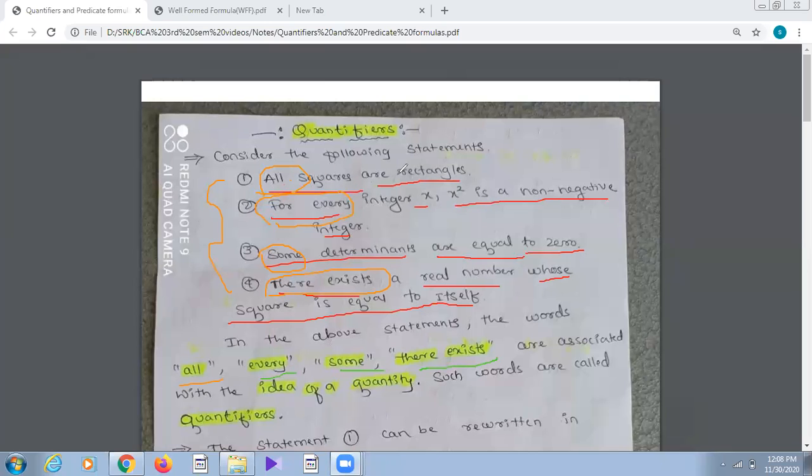Here all is telling about squares, for every is telling about integers, some is telling about determinants, and there exists is telling about real numbers. So these words or phrases are called quantifiers.